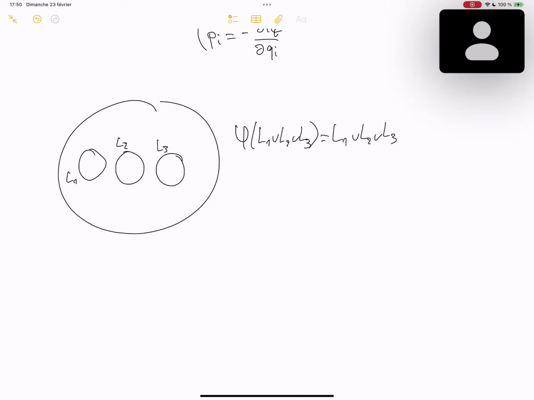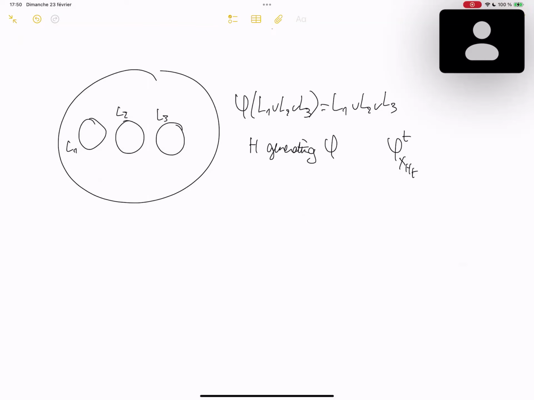So now I take a Hamiltonian H generating phi, and I look at the isotopy phi_t^H, and I look at how the image of those three circles will evolve.